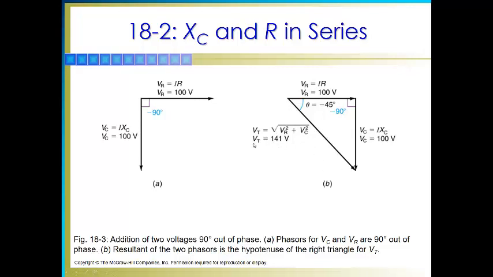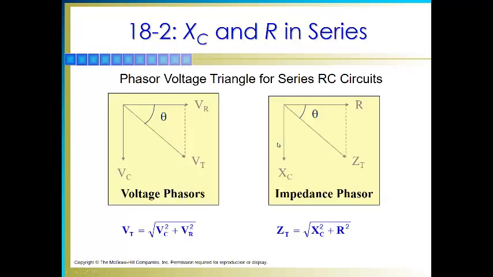So we can say that if we put a voltage from the source of 141 volts, the resistor is taking 100 volts and the capacitor is taking 100 volts. However, because these two are out of phase, we cannot add just 100 plus 100. So we have to use basically the Pythagorean theorem to find the distance from here to here, and that would be the total voltage.